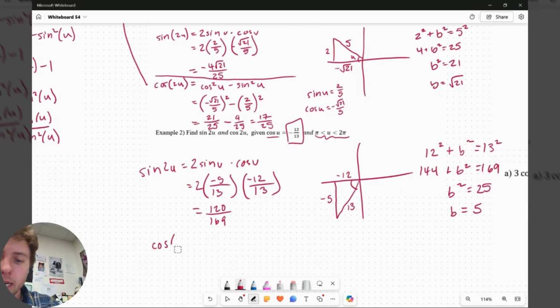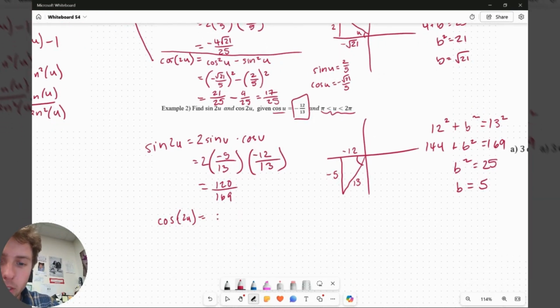Same idea with cosine, just use the different formulas. Again, I like the first formula. Our first formula is cosine squared minus sine squared. Cosine, again, we said was -12 over 13. Just make sure you square it. Sine, we said was -5 over 13.